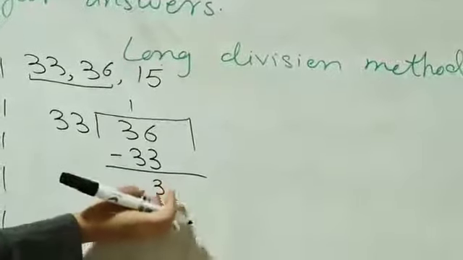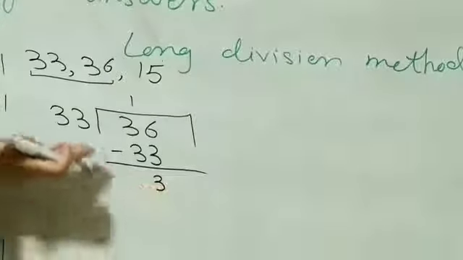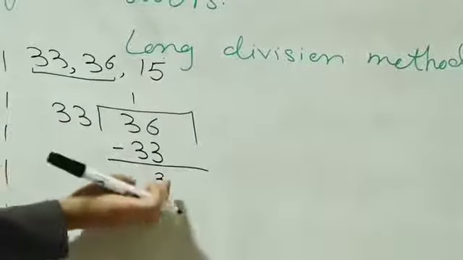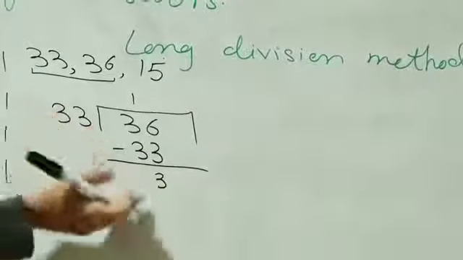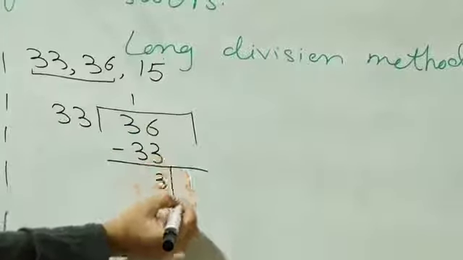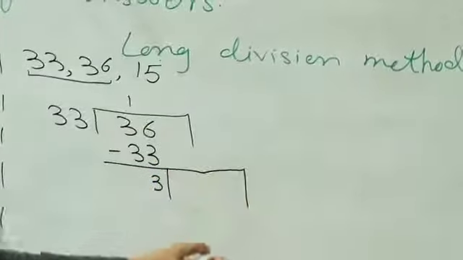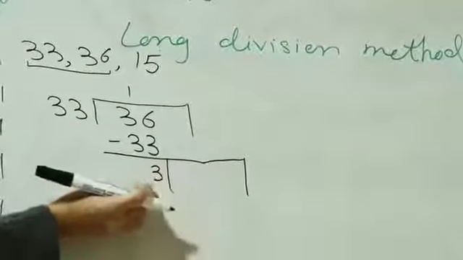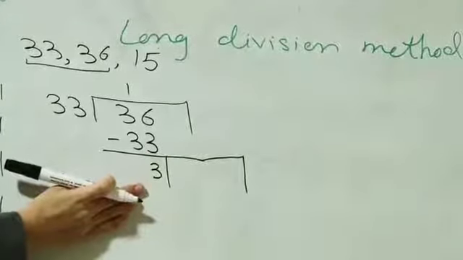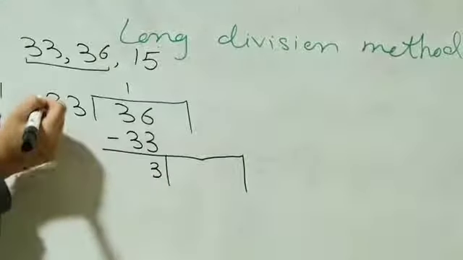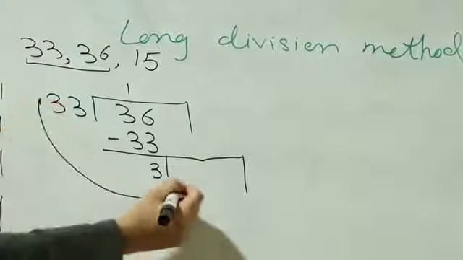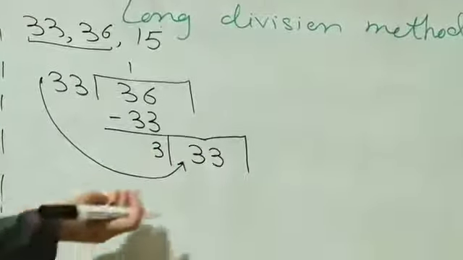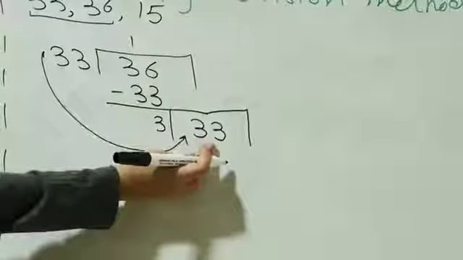Now you can see we got the remainder 3, which is less than 33. When in this division we get a remainder less than your divisor, you will make another hut like this, and now this remainder 3 will become your divisor, and your previous divisor you will write here in the dividend. Now we have the new divisor and new dividend.